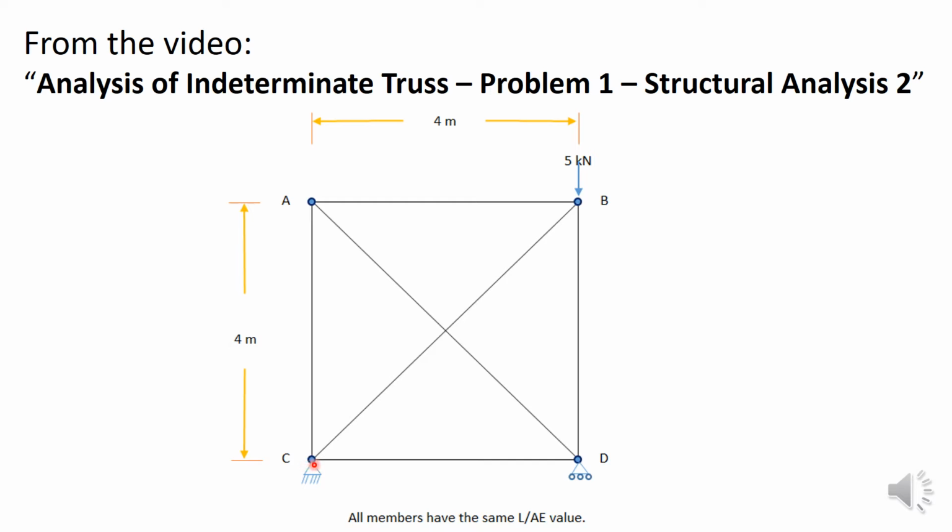It's hinged at C. The support here does not allow movement horizontally or vertically, only rotation is possible, and at D it's on rollers. So this is internally indeterminate, but externally it's determinate. All members have the same L over AE value.